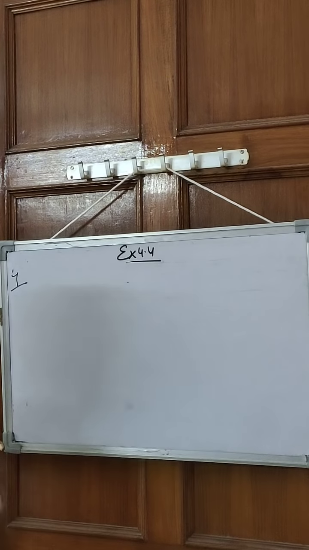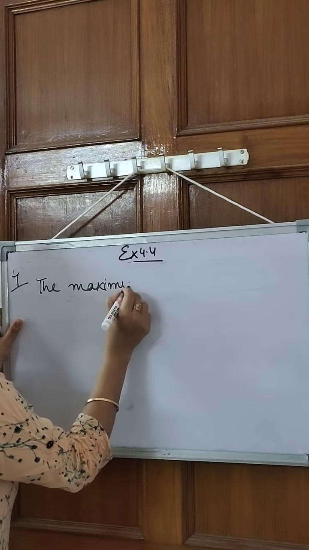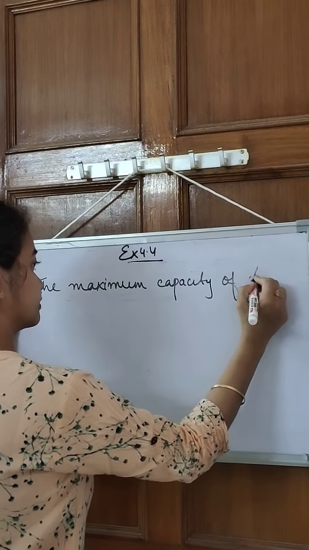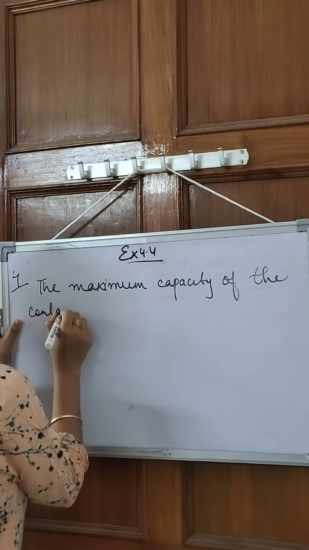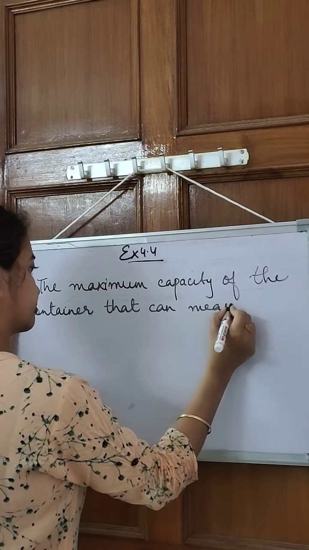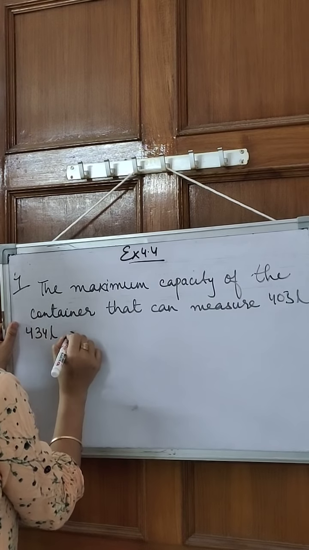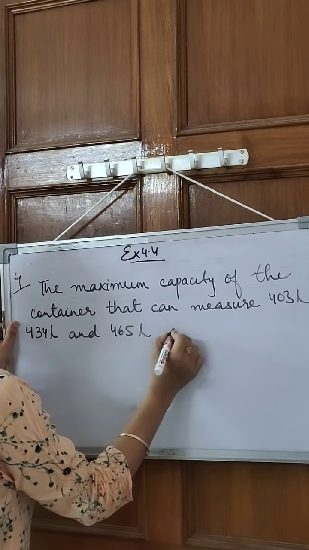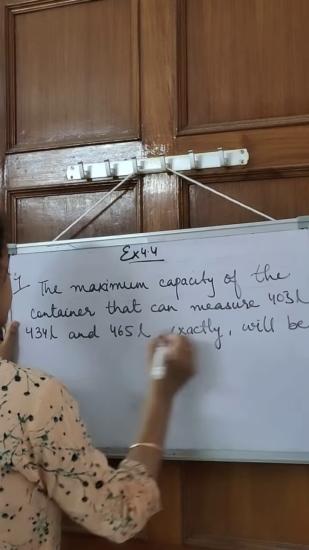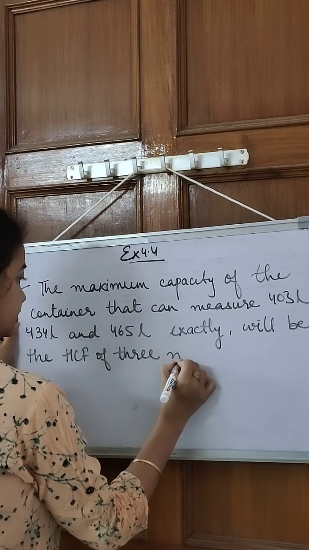The maximum capacity of the container that can measure 403 liter, 434 liter and 465 liter exactly will be the HCF of the 3 numbers, isn't it?